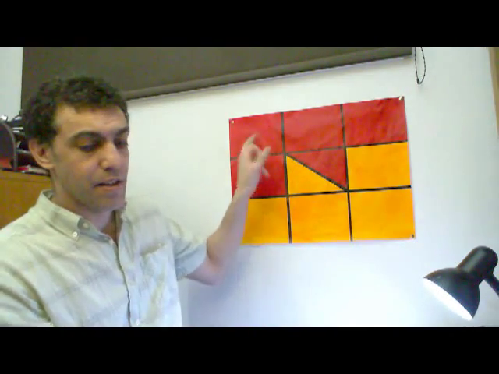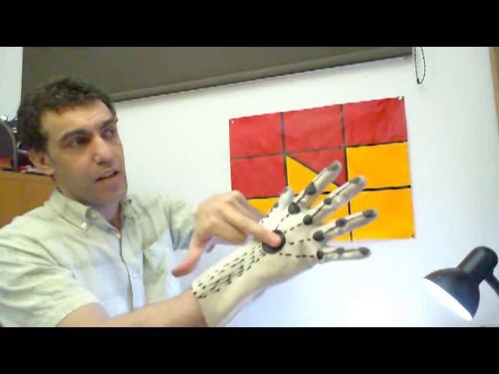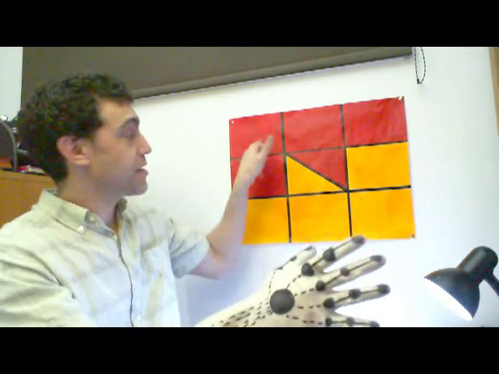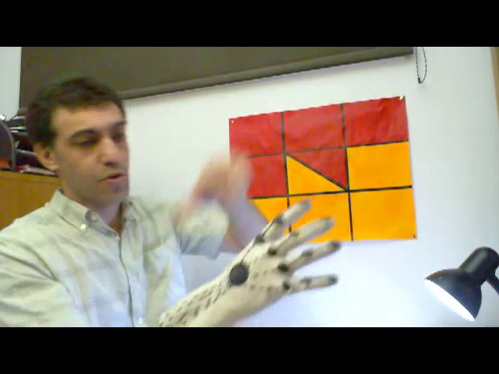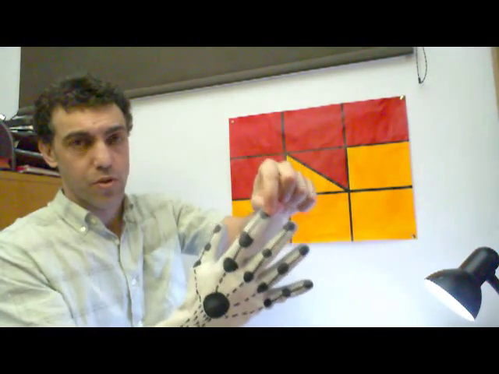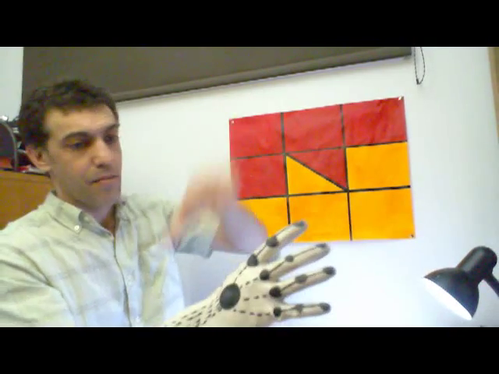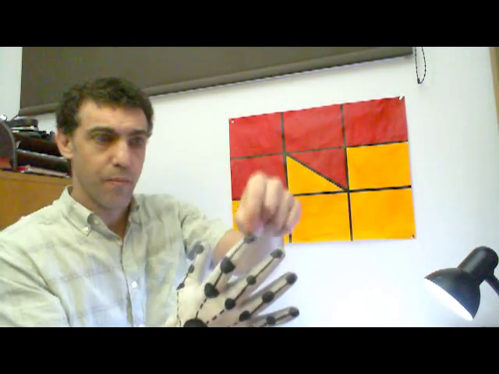Est mihi, it is, mihi, in the dative, to me, est mihi saccharum bonum. So it is to me good sugar.